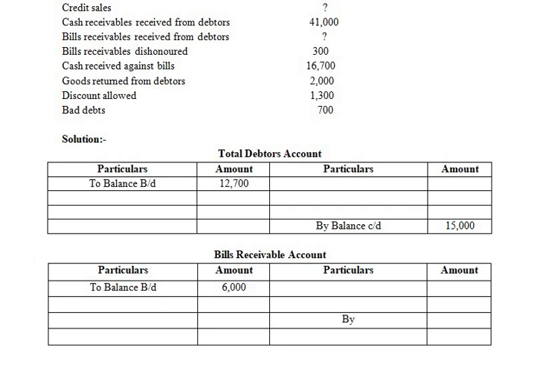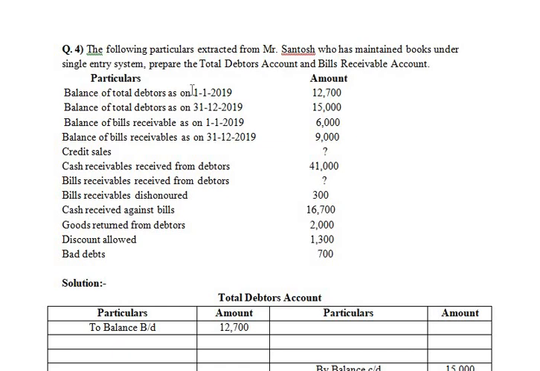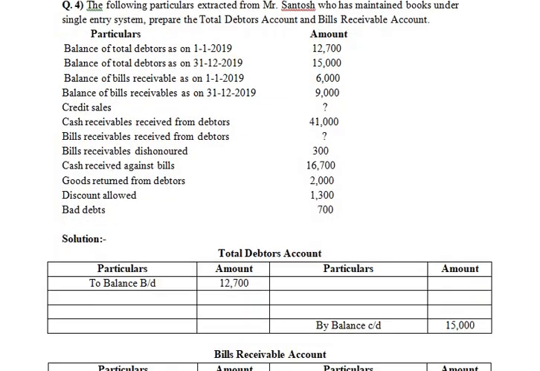So by balance carried down of bills receivable account, and the amount is 9,000. I hope this part is clear, wherein we have taken the opening debtors, closing debtors, opening bills receivable and closing bills receivable to the respective account.